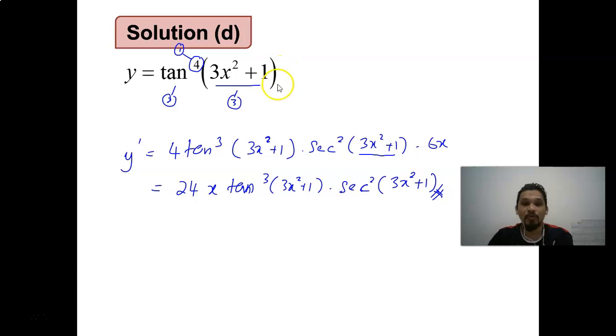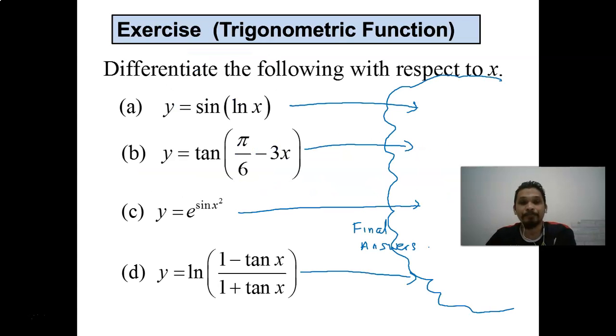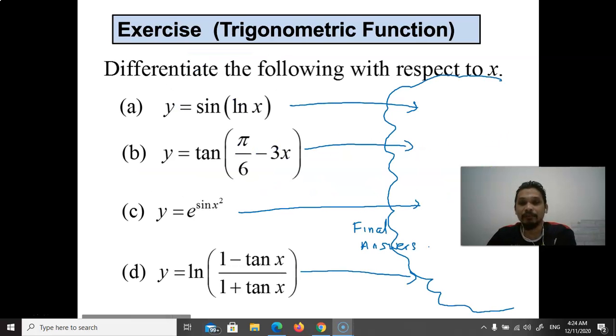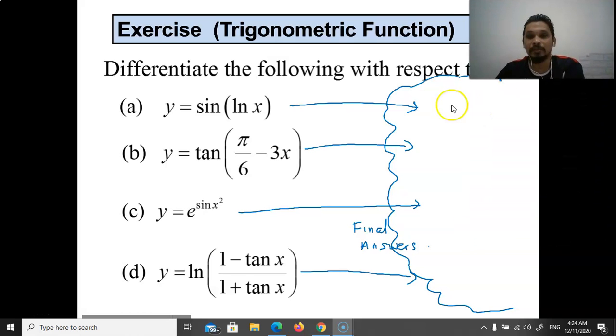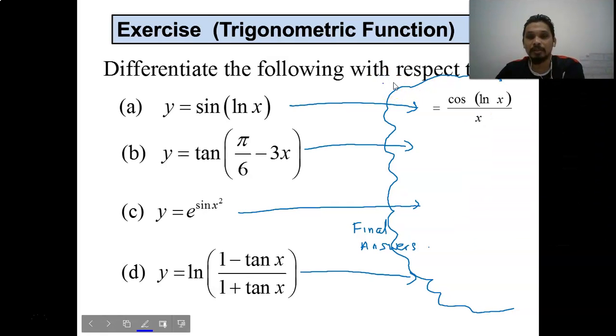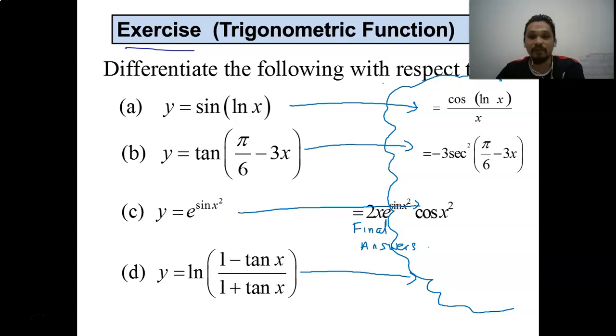Okay, so we differentiate the function one by one. Begin with the index of 4, and then the trigo function. Then next is the function inside the bracket, one by one. Okay, so for this one here now, as an exercise here, differentiate, and the final answer is given there.